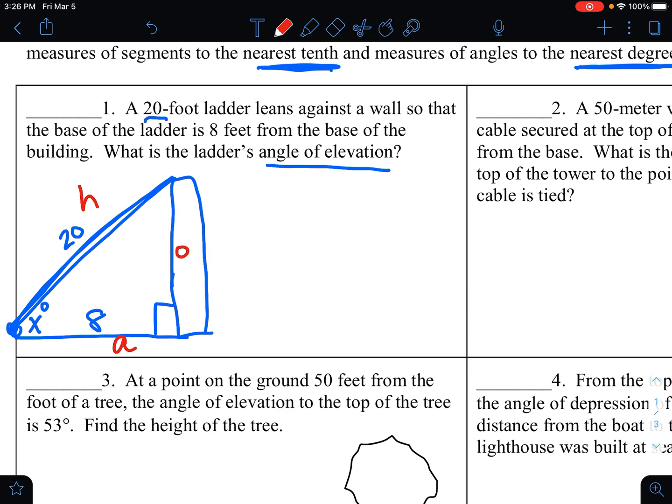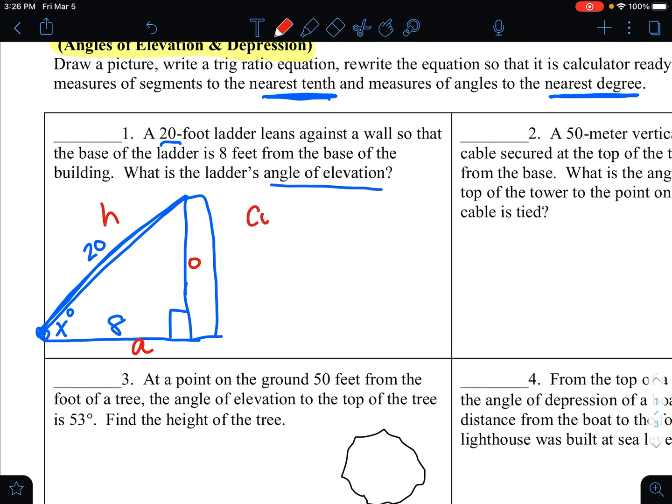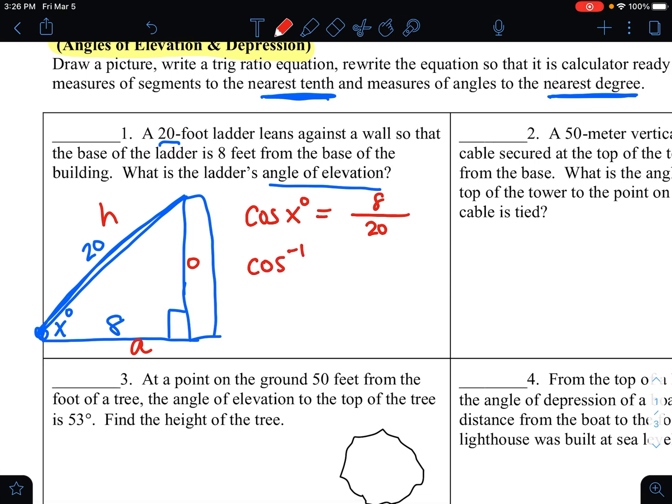You can think of this in one step or two. So I'm going to start here. I'm going to say that the cosine of x degrees is equal to adjacent 8 over 20. But in order to find the value of x, we're going to do the inverse cosine of this ratio.